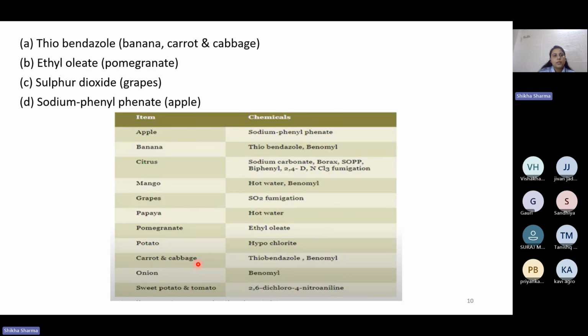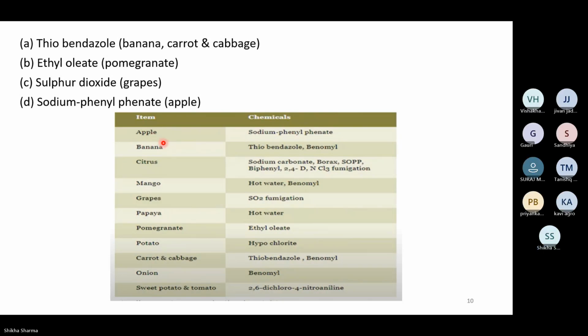Then second is ethyl oleate. This is basically used in the treatment of pomegranate. And then sodium phenylphenate helps in the shelf life through fuming. Another kind of treatment can be done like immersion.